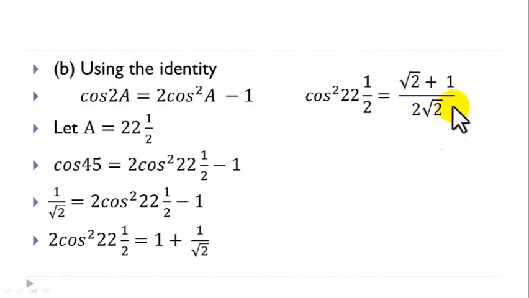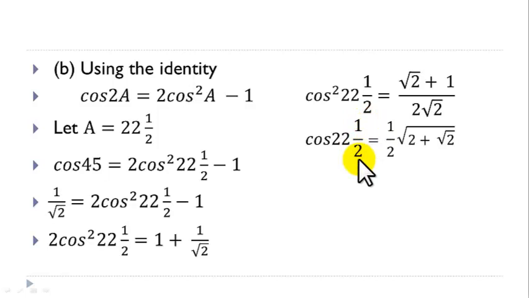If we rationalize the denominator by multiplying and dividing by root 2 and taking square root of both sides, we obtain cos 22 and a half is equal to half root 2 plus root 2.